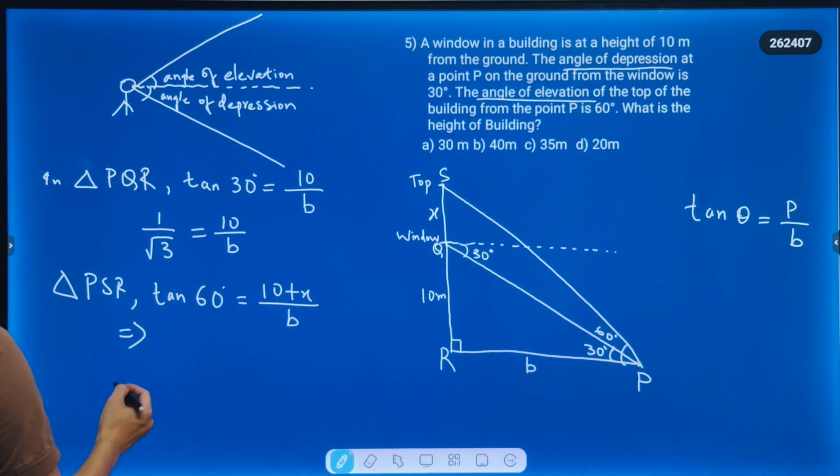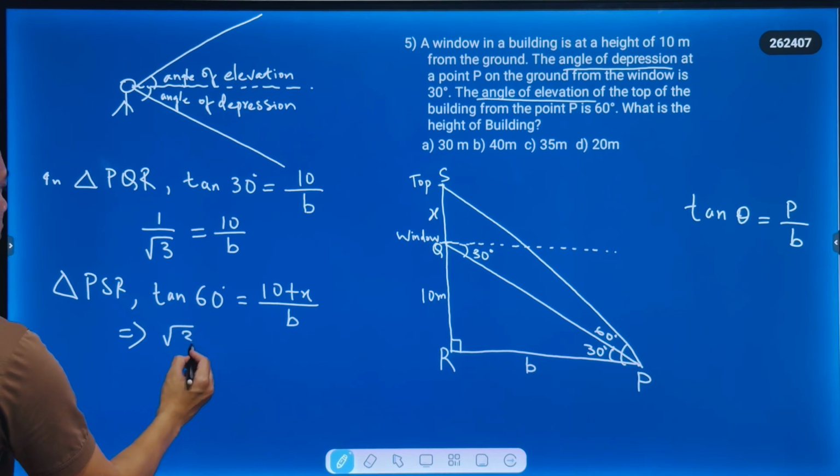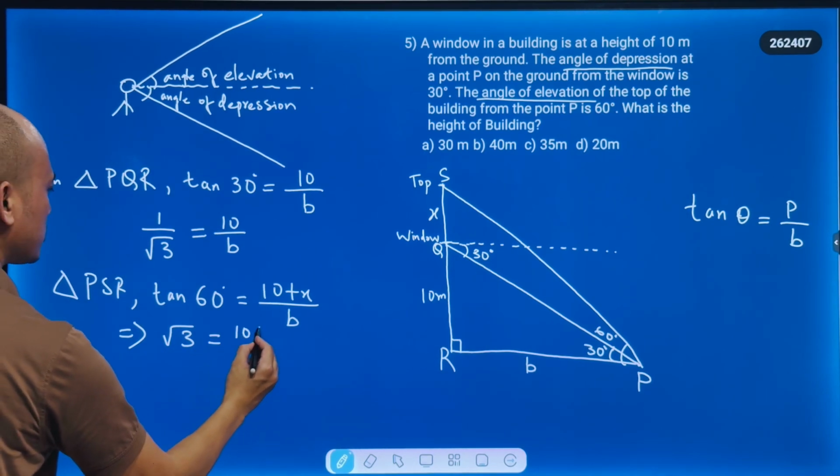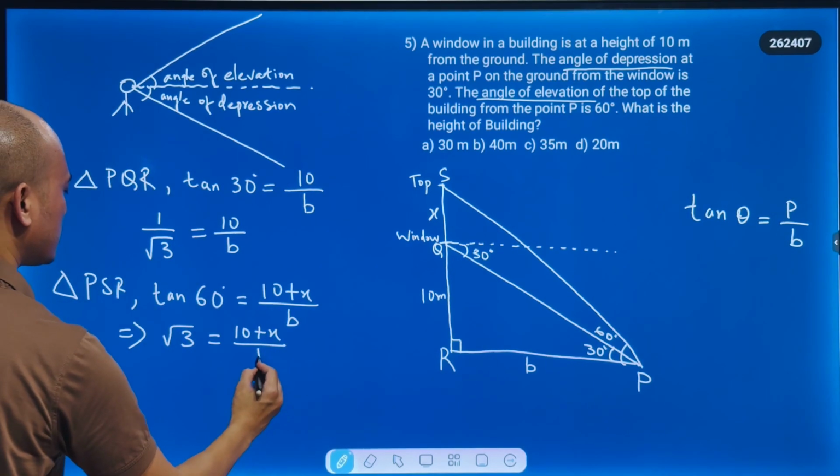The value of tan 60 is root 3, so 10 plus x by b.